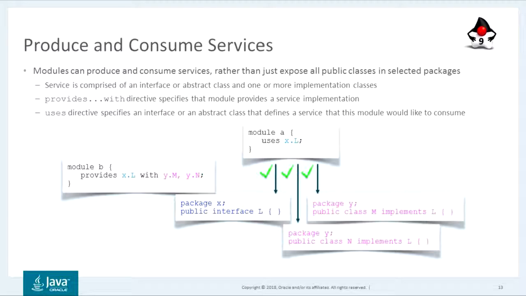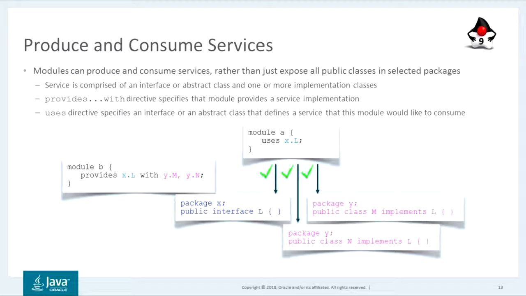Finally, one more permutation of accessing contents and modules is the idea of a service. Imagine the module that describes an interface. And then there are, obviously, some implementation classes behind that interface.